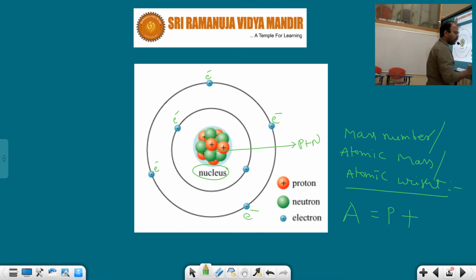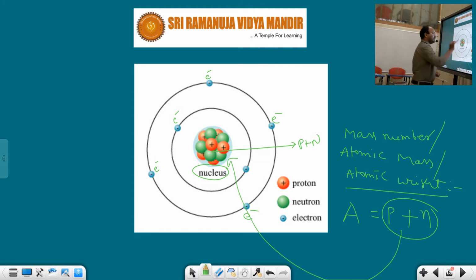Where are the protons and neutrons present? Inside the nucleus. This red ball is considered a proton, and this green one is called a neutron. The sum of protons and neutrons present inside the nucleus is called mass number, or atomic mass, or atomic weight. It is represented by capital A.